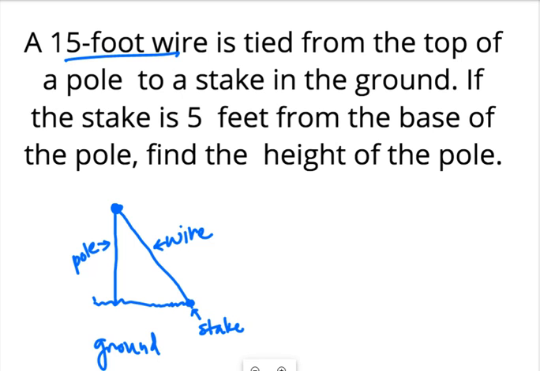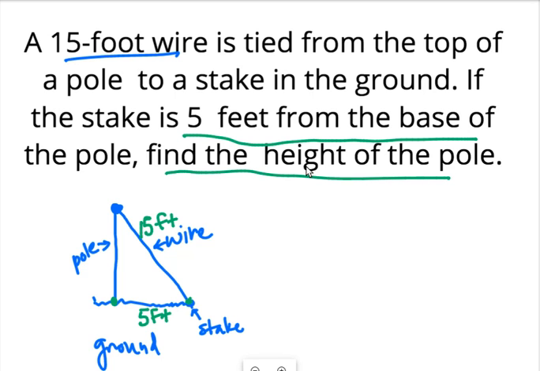So it says the wire is 15 feet. It goes to the stake in the ground. If the stake is 5 feet from the base of the pole, so here's the base of the pole and here's the stake, and this is 5 feet. Find the height of the pole. So right at the end, it tells us what we don't know.